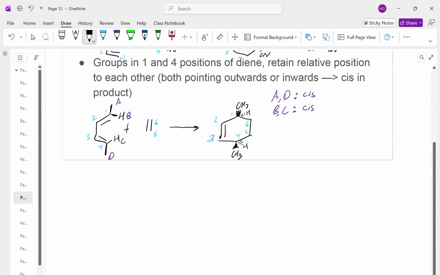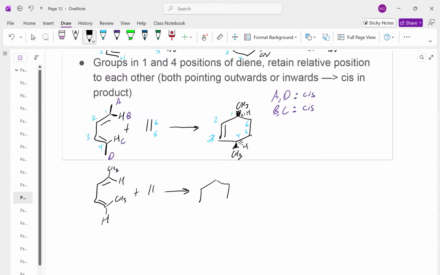Now, what if this diene, I'll use the same diene, but just have one of those methyl groups in this position. So again, I'll start with my cyclohexene template.